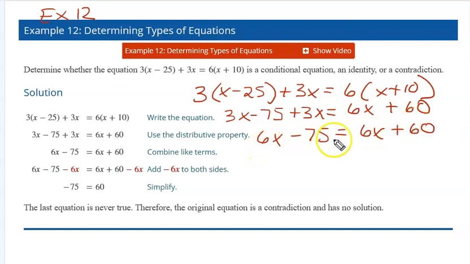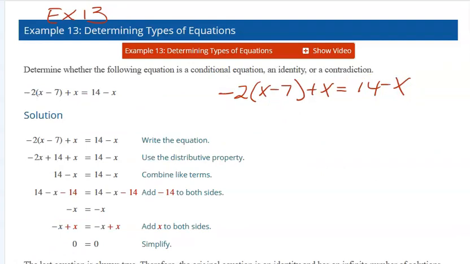Now, if we subtract out the 6 x's, we end up with a negative 75 equals 60. Is that a true statement? No. Therefore, this example is a contradiction and has no solution. Then you might say, well, why did it even look like an equation? Well, it had the equal sign in it. All right, let's go on. One more, and then we're finished.